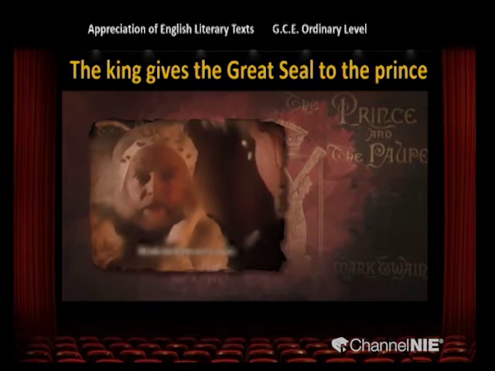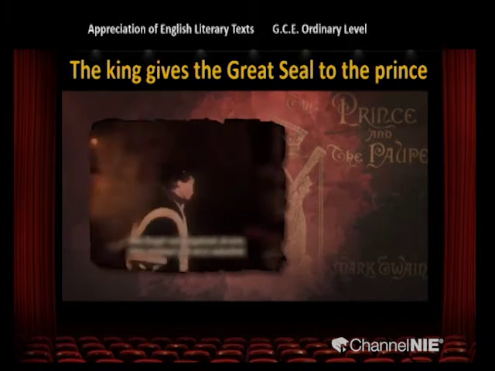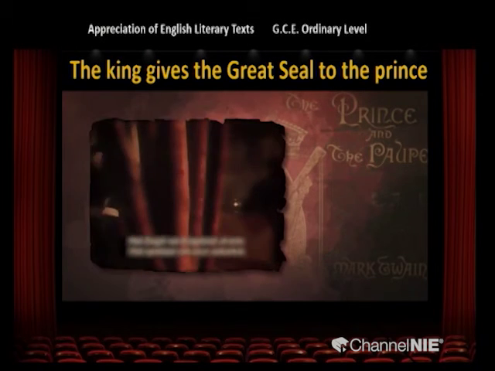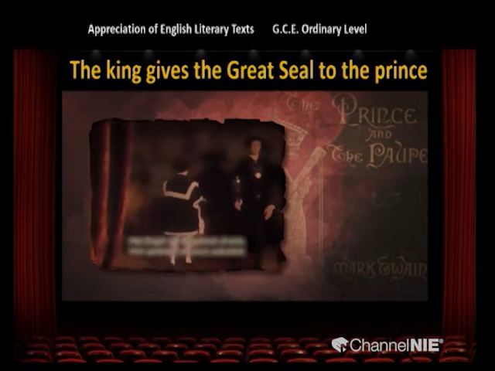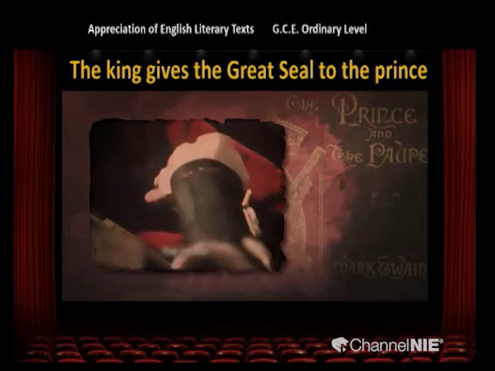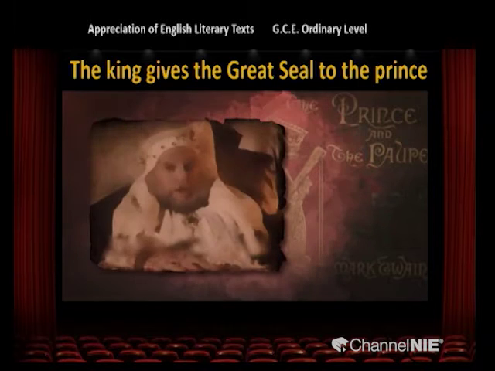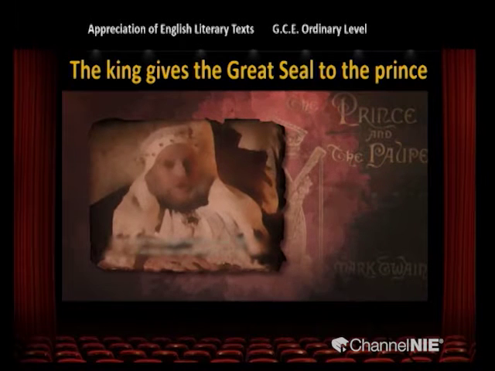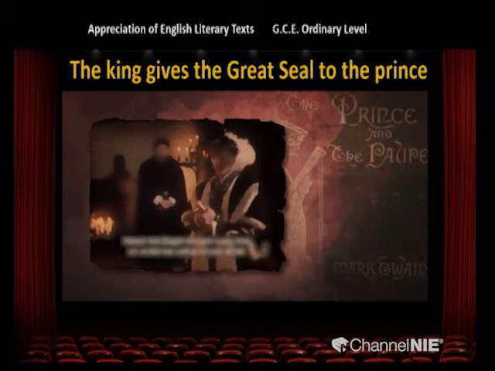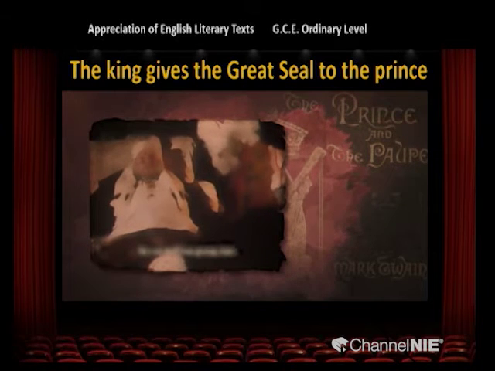Open that casket. In it you will find the Great Seal of England. It is the symbol of our authority. Take it. Keep it with you. Study it. Come to me tomorrow. Bring the seal and tell me your thoughts. Now I must receive your sister.